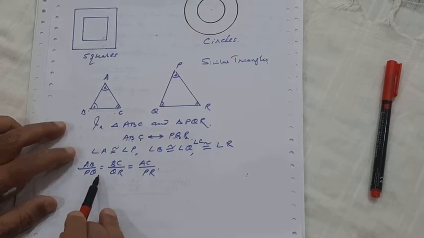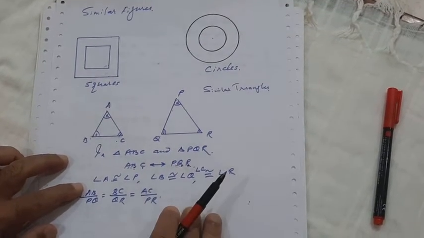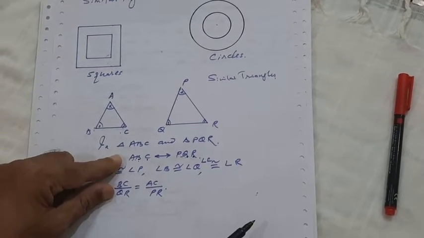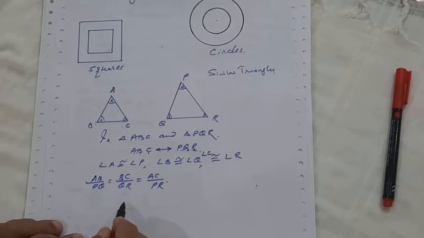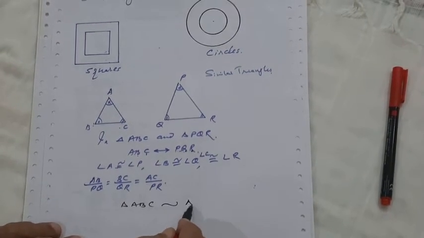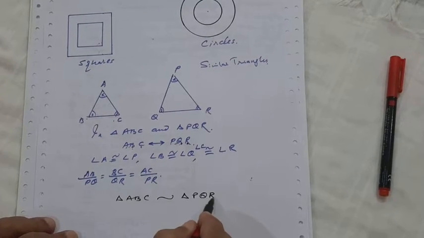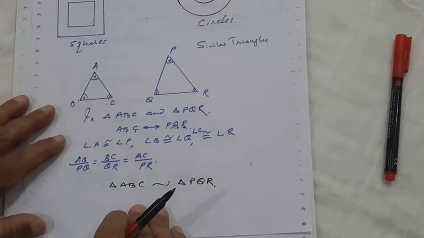So this is called ratio of the corresponding sides, and these corresponding angles are equal. If these conditions are satisfied, then these two triangles are similar to each other. We can write like that: triangle ABC is similar to triangle PQR. This property we are going to use in next construction.